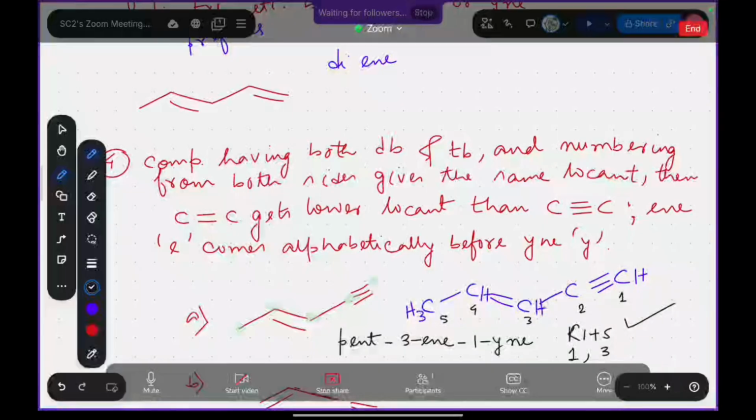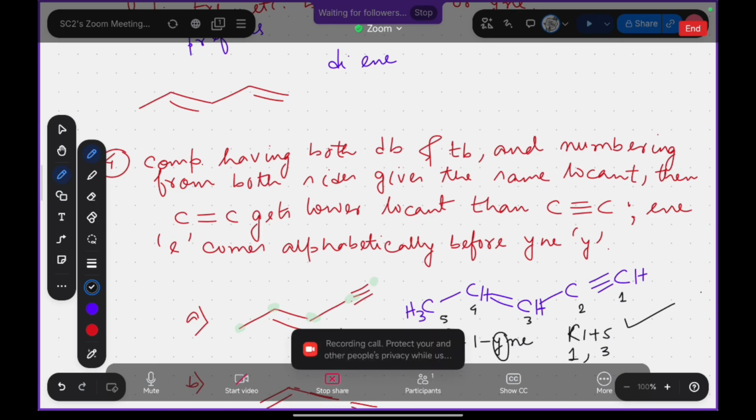So pent 3 ene 1 yne. But there is a problem. The problem is we cannot include two vowels just adjacent to each other. Now see, ene, E, and yne, Y, both are treated as vowels here. What are the vowels? Obviously you must have read this before. A, E, I, O, U.